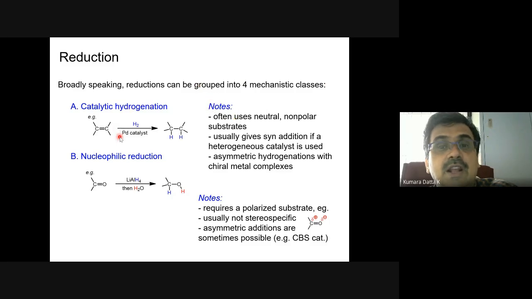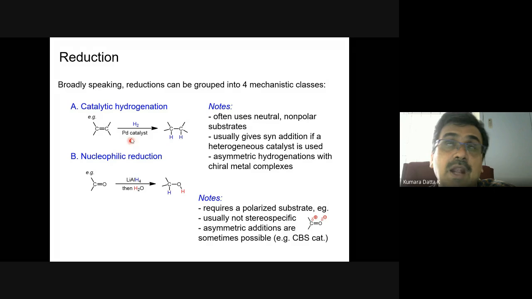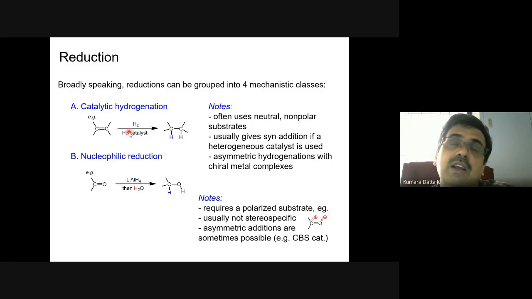You can reduce, meaning you can add hydrogen, add electrons, or remove oxygen functionalities. Whatever we discussed for oxidation will hold good for reduction reactions as well.